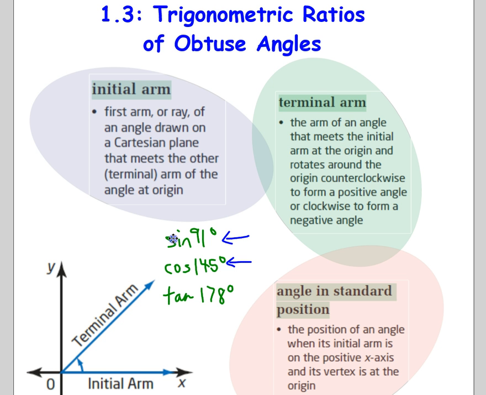Now the angle in standard position is just the angle that's formed between the initial arm, which is the positive x-axis as indicated there. The terminal arm is where it terminates or ends, and that could be, in this example, a quadrant 1 angle.